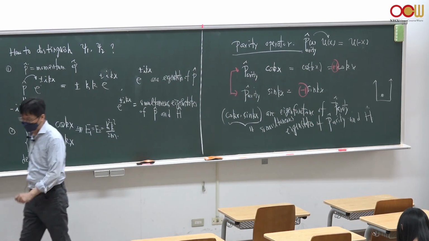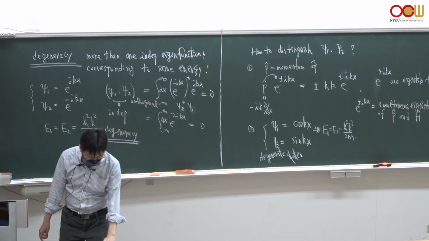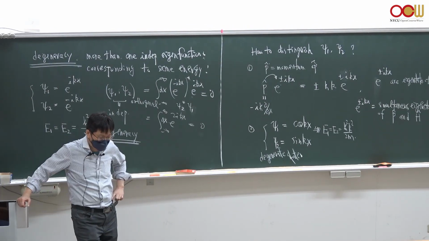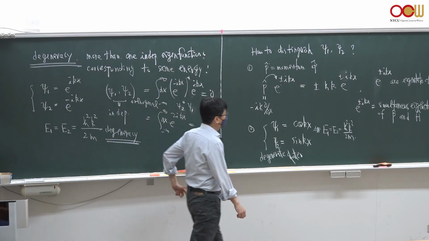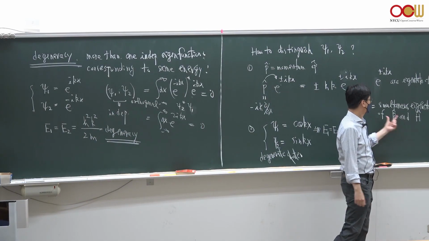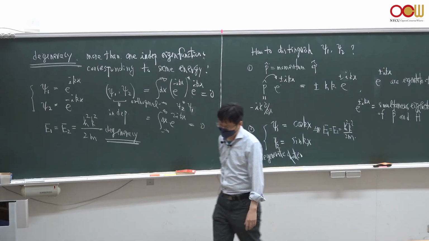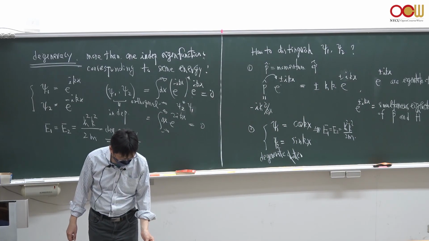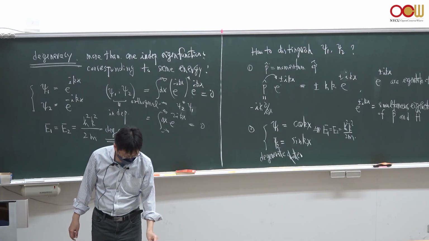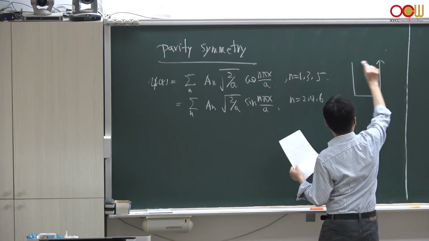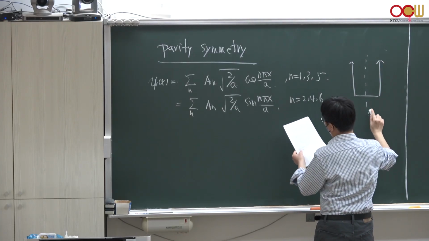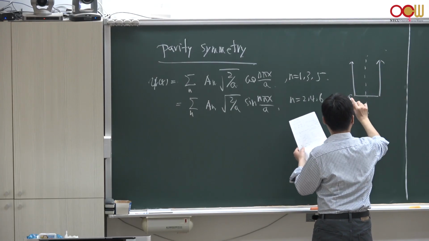So, we will study a theorem: if we have a simultaneous eigenstate of any two operators and we have some relations between these two operators. Okay, so let's look at this consequence of this parity symmetry.